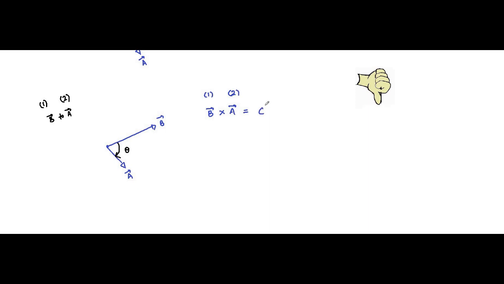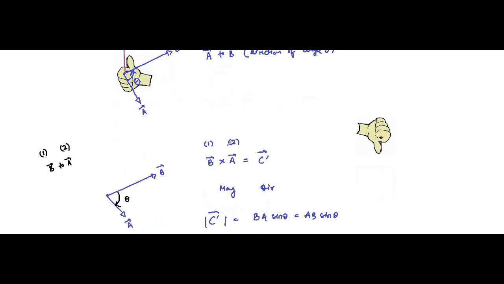Here again, this vector has two components, magnitude and direction. Magnitude is the same: C dash vector modulus will be BA sine theta, which is the same as AB sine theta, but the direction of C dash vector will be opposite to that of C vector.